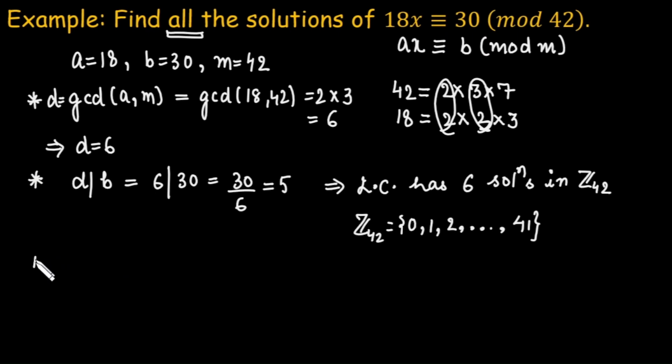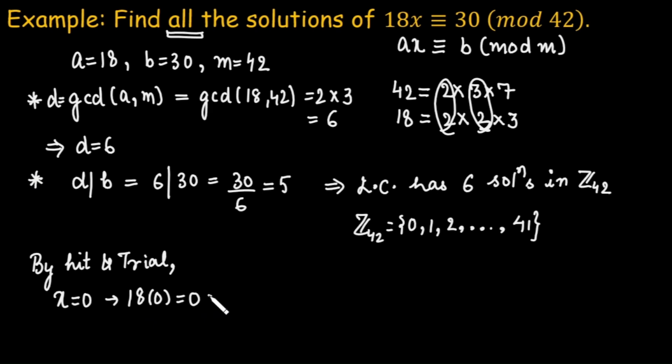Now, how to find the solution in this case? First, we will go with hit and trial. So, by hit and trial, find one solution. Is x equal to 0 a solution of this or not? 18 into 0 is equal to 0. Is that congruent to 30? No, so it is not the solution. x is equal to 1: 18 into 1 is equal to 18.